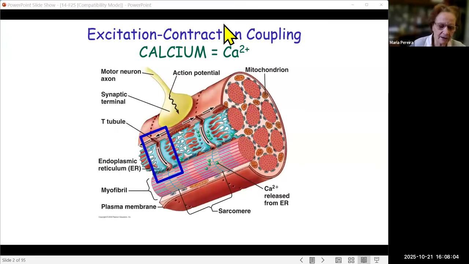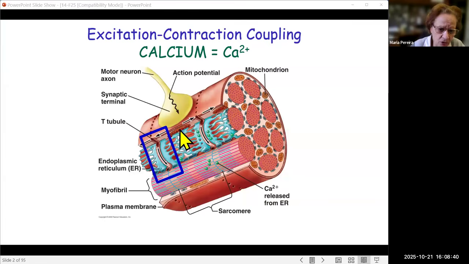Okay, so here you have an illustration of this process. So here's the axon and the axon terminal. You have the action potential reaching. And here you have calcium channels. So calcium comes in, floods the synaptic terminal. And this triggers the synaptic vesicles to move towards the periphery, fuse with the plasma membrane, and release acetylcholine.